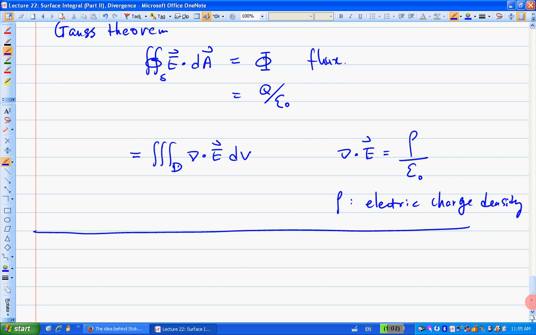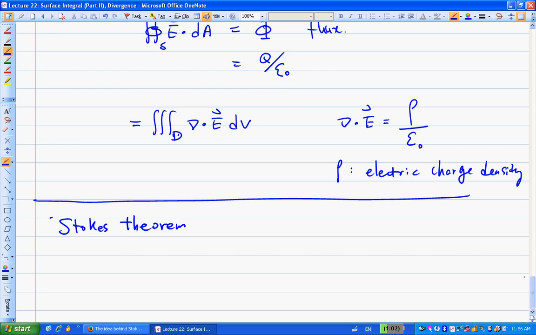Okay, last theorem, Stokes' theorem. The idea of Stokes' theorem is basically that it's a specialized Green's theorem.